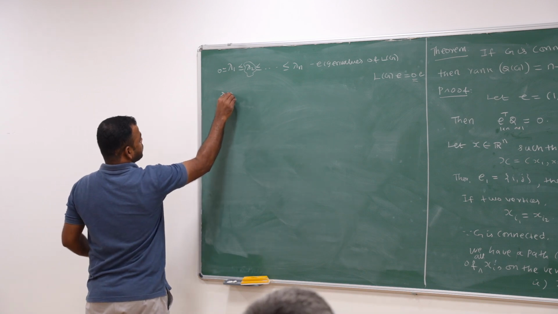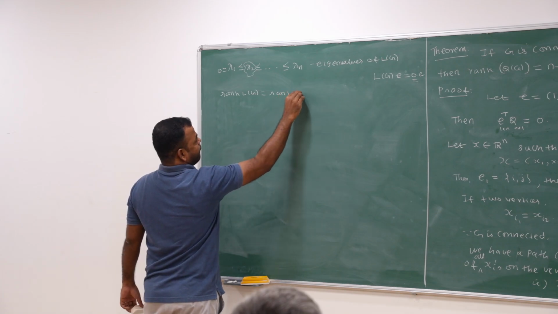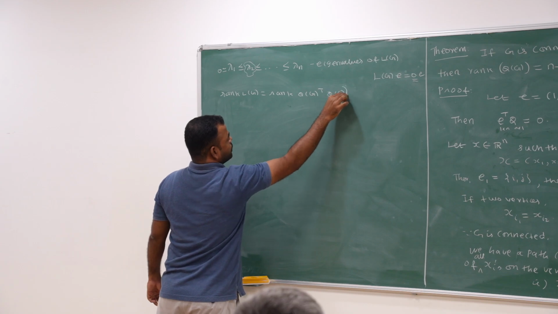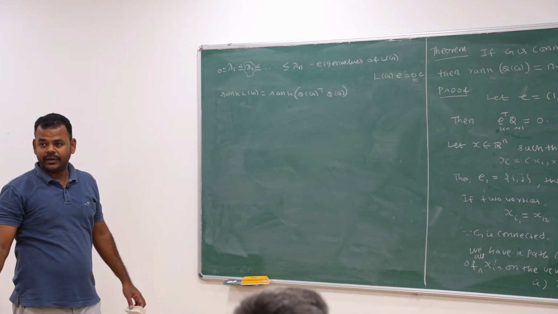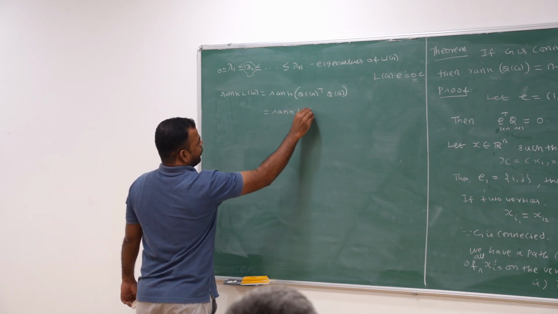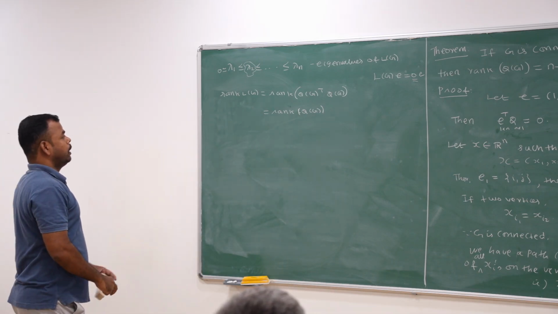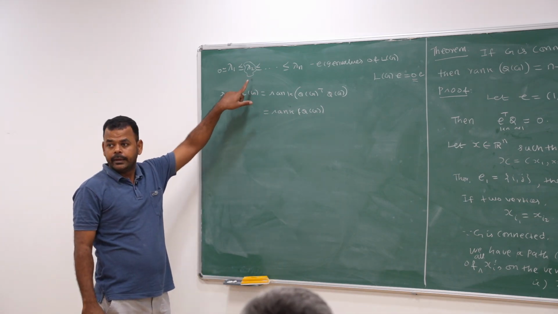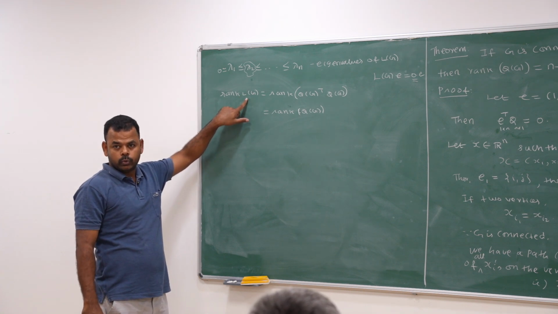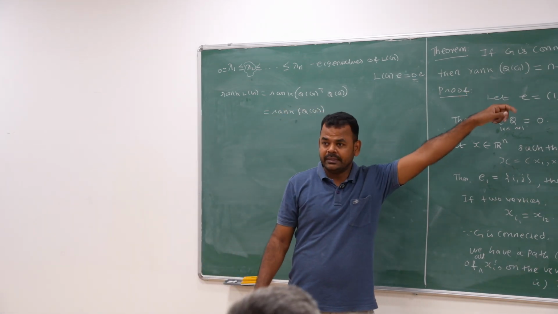Rank of L of G is rank of Q of G transpose into Q of G. One of the fundamental theorems in linear algebra: rank of A transpose A is the same as rank of A. So if lambda 2 equals 0, then rank of L of G is at most n minus 2. That means that rank of Q of G is at most n minus 2. That means that this graph G should be a disconnected graph.